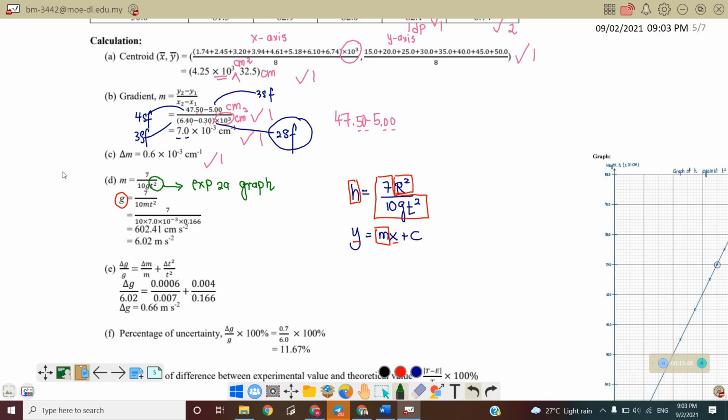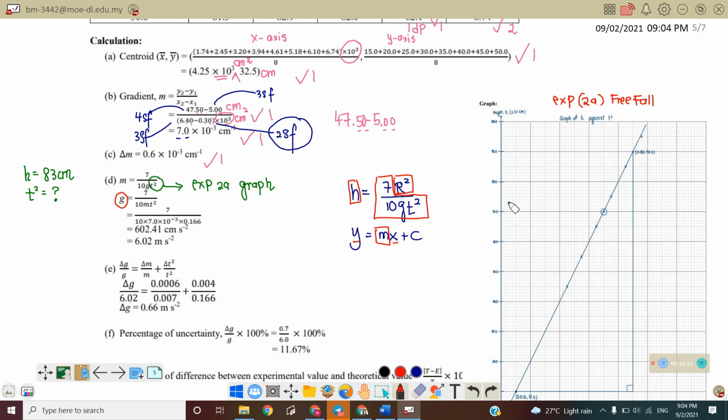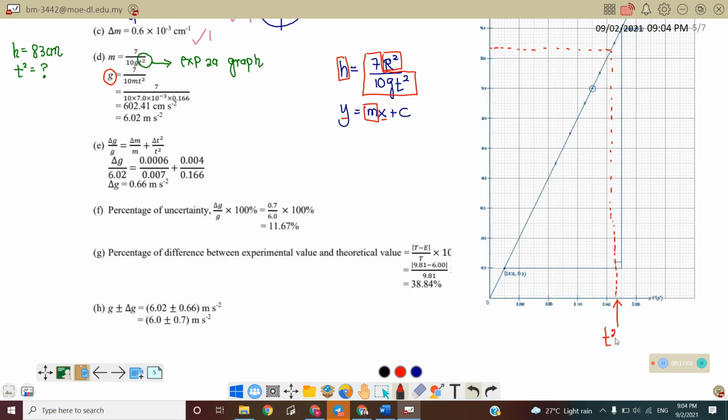So we want to find when h equals 83 cm, what is the time taken? Okay, t squared. So from here, 83, you draw 83. Not so accurate. And then you find the value of t squared, which equals 0.166 second square.